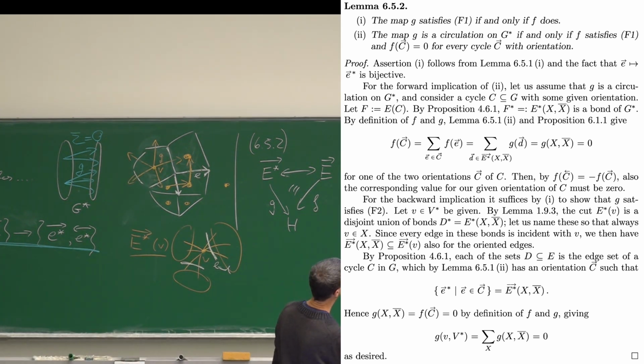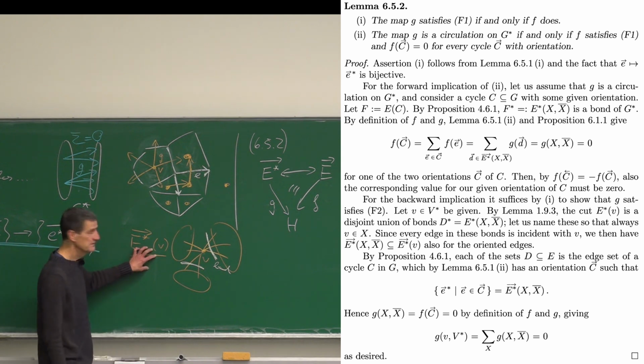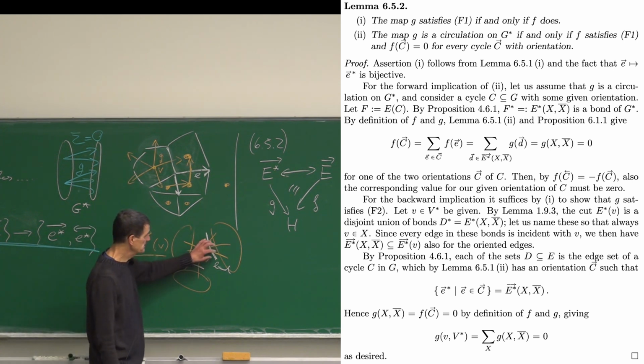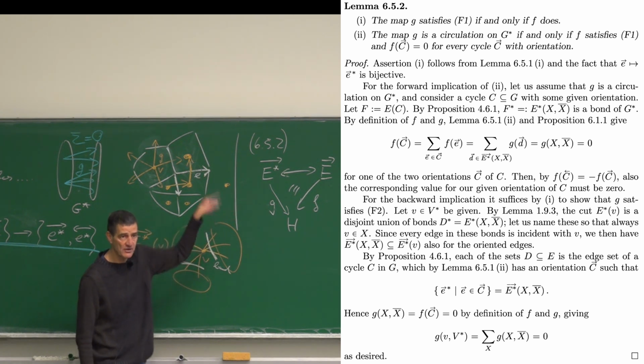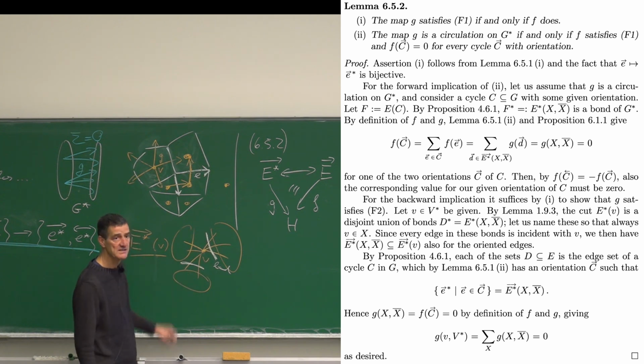We're assuming this condition on F, that round every cycle, F sums to 0, and we want to prove F2 for G star. We have to prove that this G sums to 0 over all these cuts here. We write the cut as a disjoint union of bonds. We know that G sums to 0 over all these bonds because F sums to 0 over the corresponding cycles. So these all are zeros, and their sum is that, so F2 is satisfied.